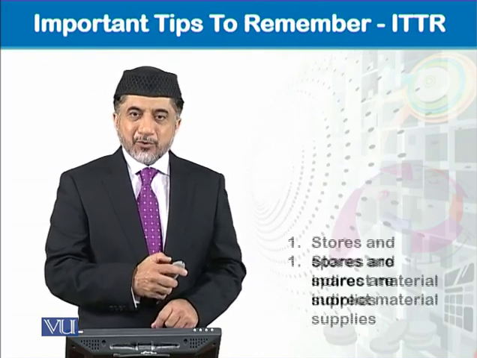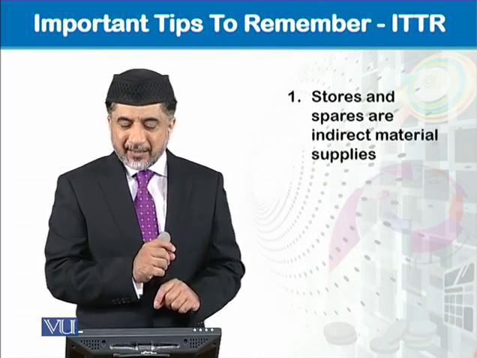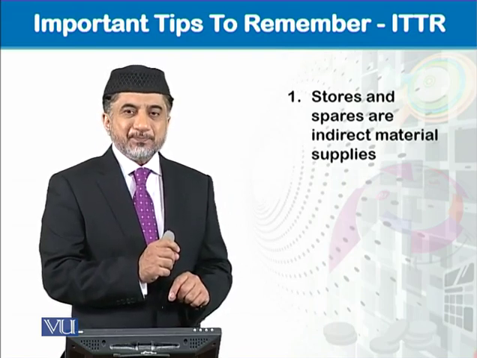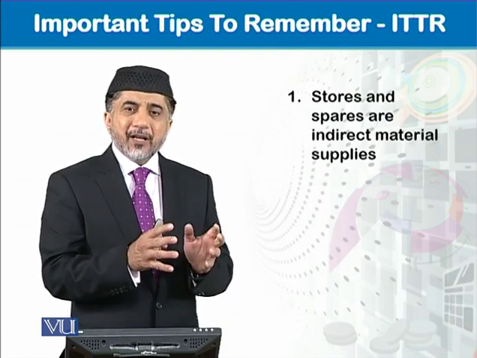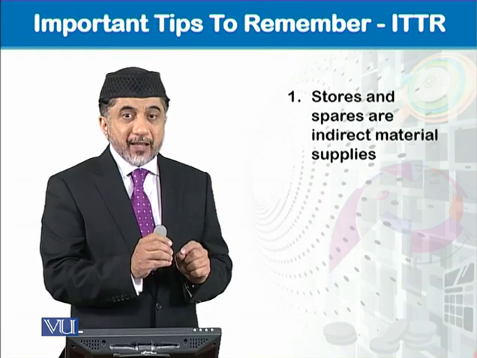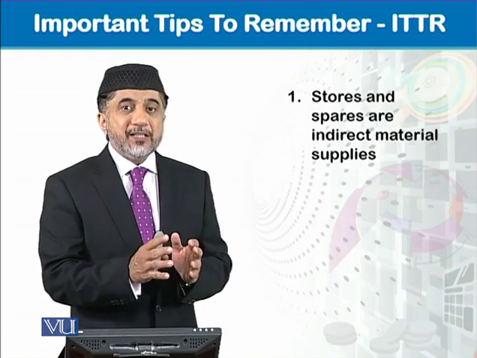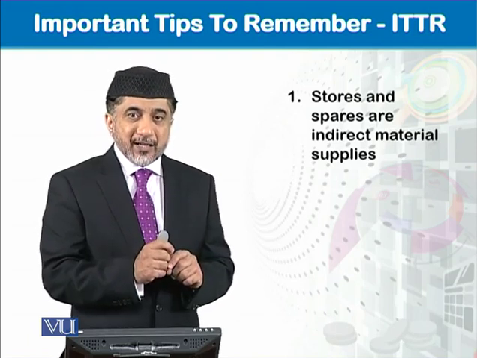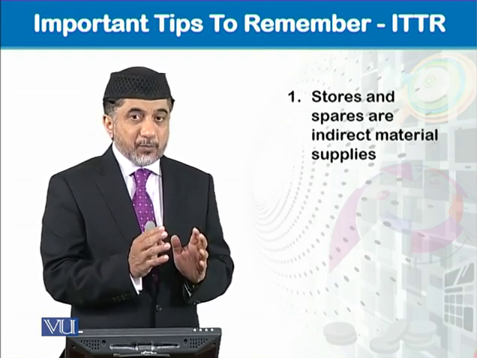The important tip to remember in this module is that stores and spares are indirect supplies. We have some spare parts in our store which we use for repair and maintenance of the plant and machinery. Those stores and spares are indirect supplies.